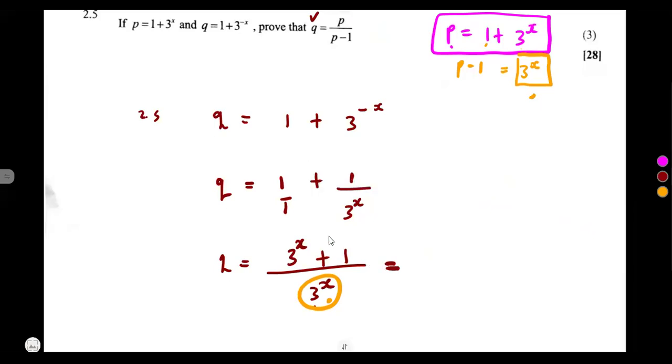So therefore, guys, we can conclude here that this is equal to 3 to the exponent of x plus 1, this one as it is. It represents P over 3 to the exponent of x, which represents P minus 1. So this is exactly what we are being asked to show or to prove.